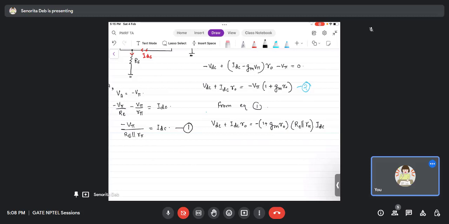So now if I take all the IDC to one side, am I missing something? The negative sign is there. So this will be positive, I guess. There should be one positive sign.